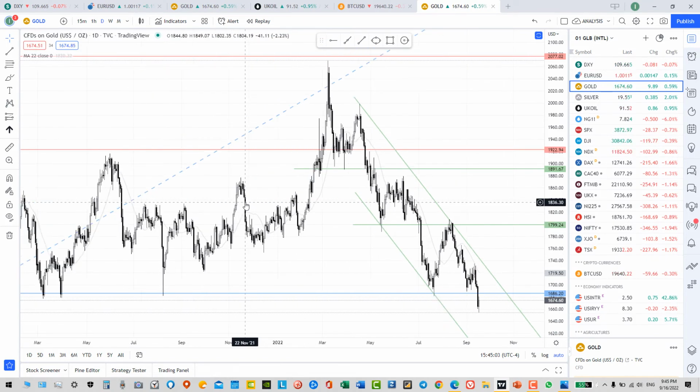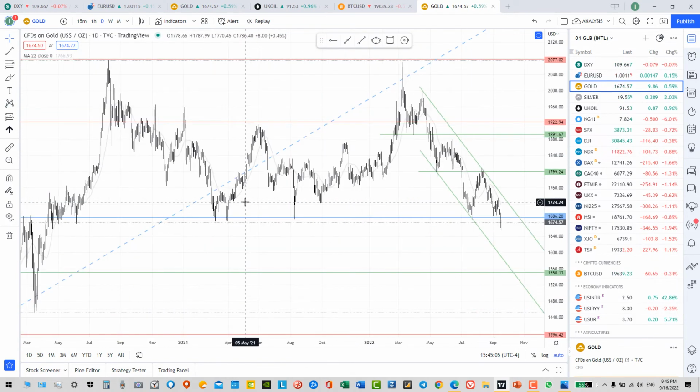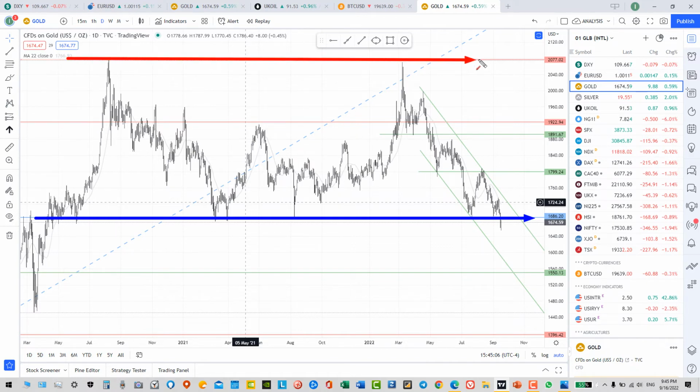At some point, it looked like the gold was going to do some kind of a big trading range or move into a huge sideways, which turned out not to be the case after the break of 1686.